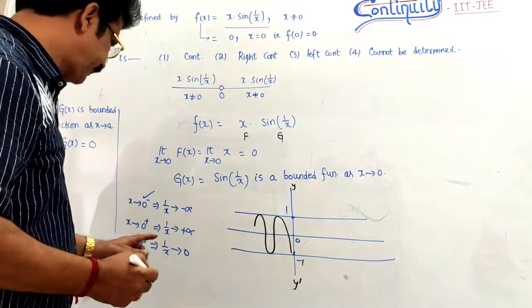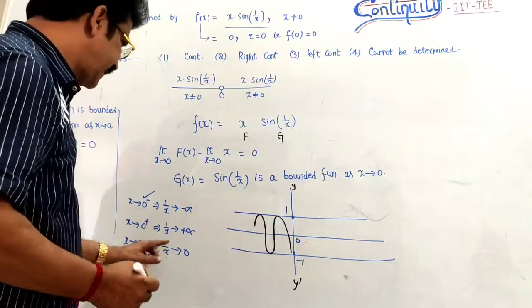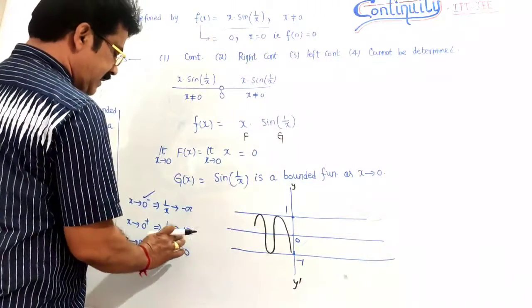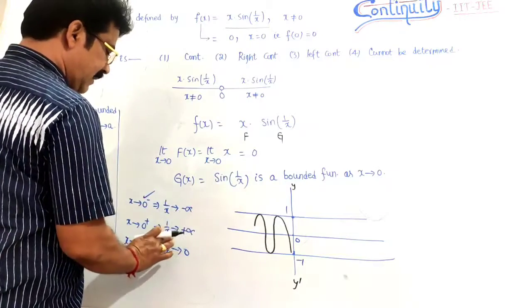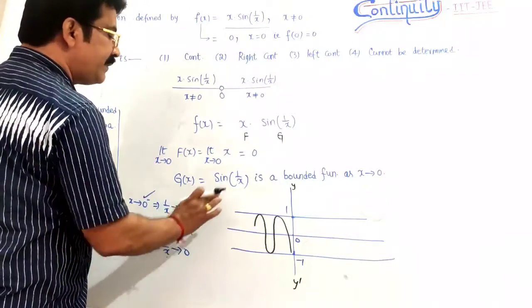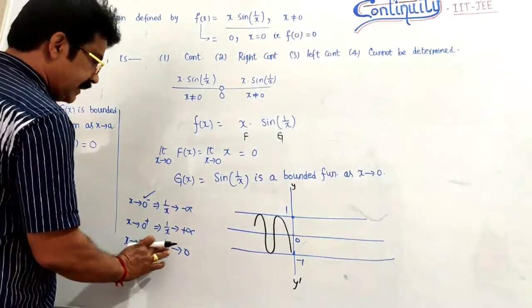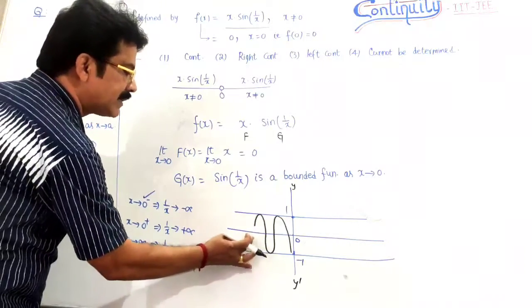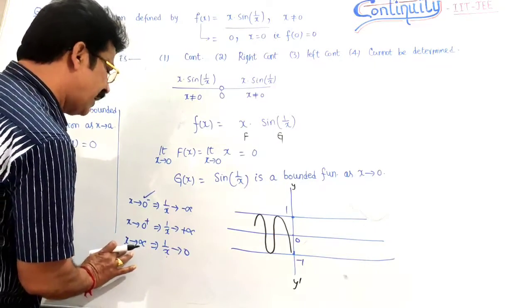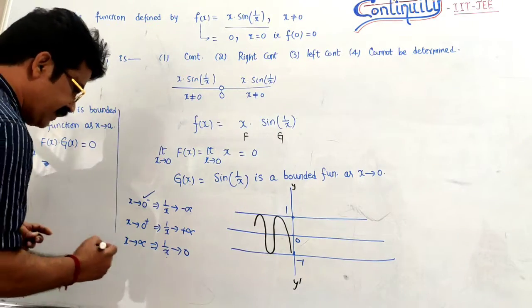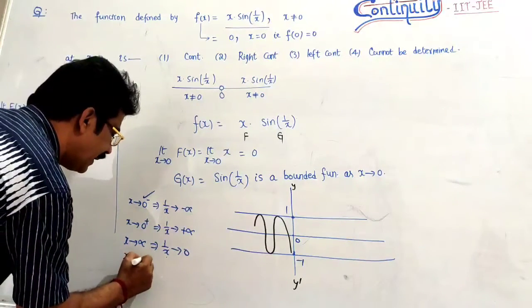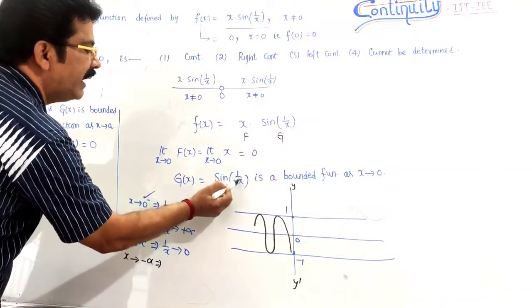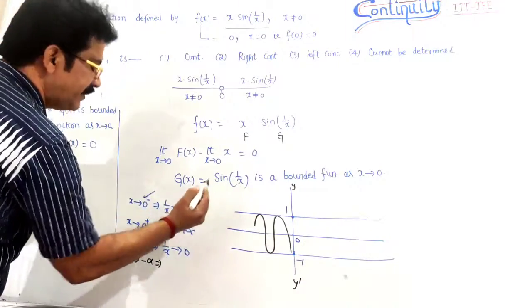And here, 0 means sine of infinity, sine of minus infinity. Next, sine of 1 by x means plus infinity. Next, as x tends to minus infinity, 1 by minus infinity is 1 by infinity, which is 0, and sine 0 is 0.